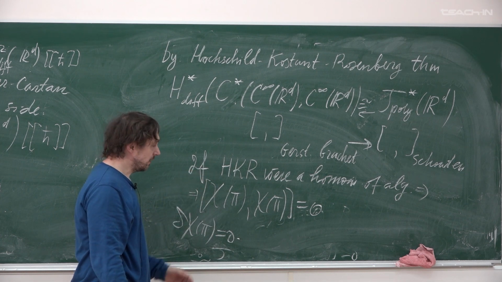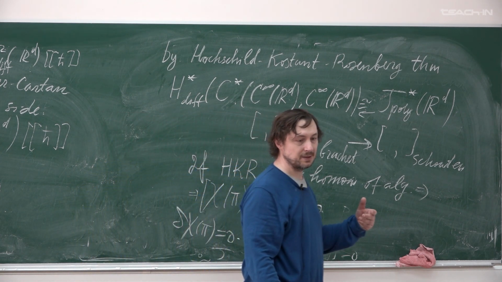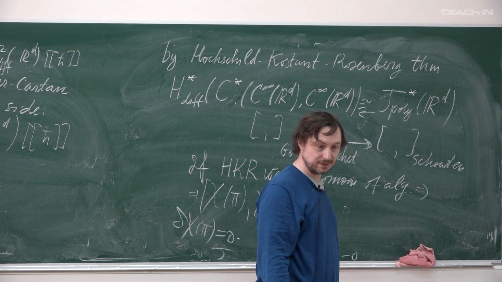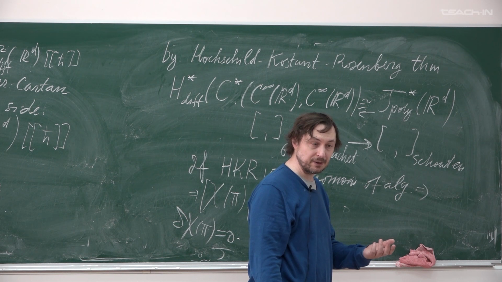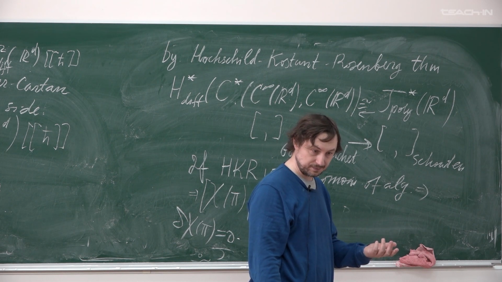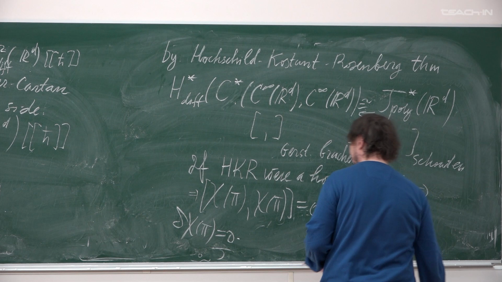Unfortunately, the Hochschild-Kostant-Rosenberg map is not a homomorphism of Lie algebras. It only induces a homomorphism of Lie algebras on the level of cohomology. What does it mean?